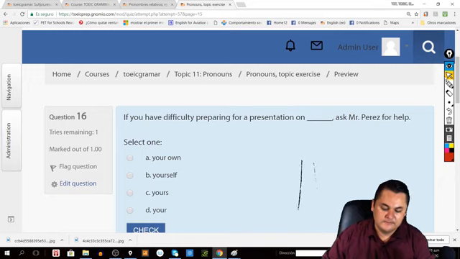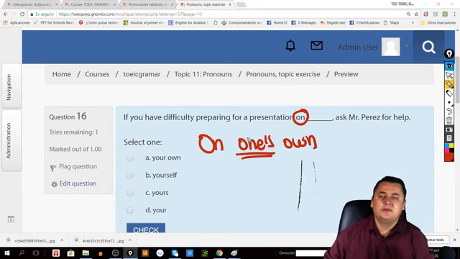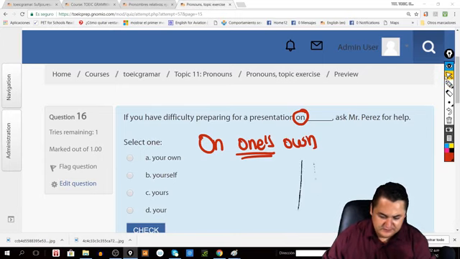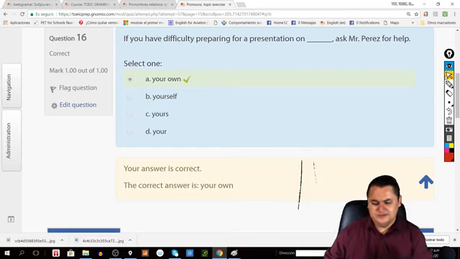Here it is the same expression we saw recently. Own, one's own. And this should be a possessive adjective. The possessive adjective is your own to make the phrase complete. So it would be like, if you have difficulty preparing for a presentation on your own, ask for help.